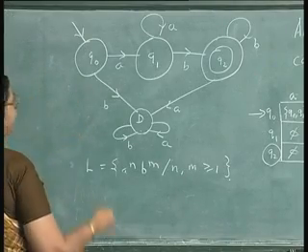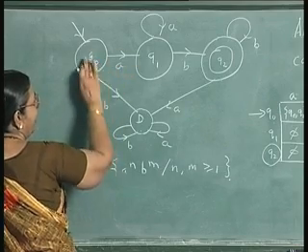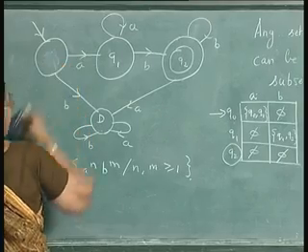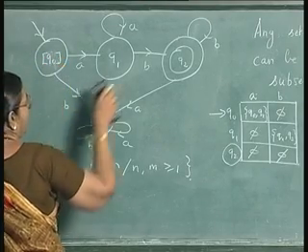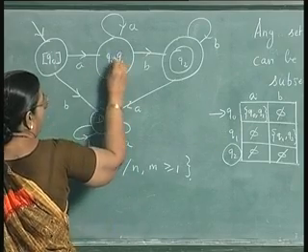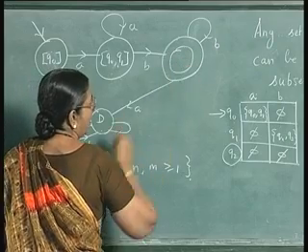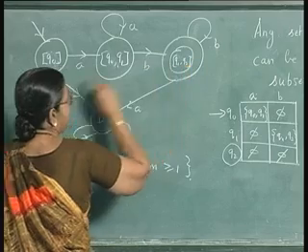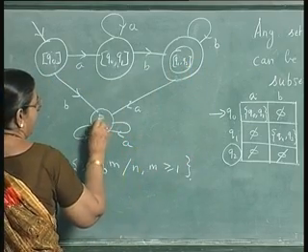I can relabel the states like this: Q naught, Q naught Q1, Q1 Q2. See, this denotes the same table. This one is phi.